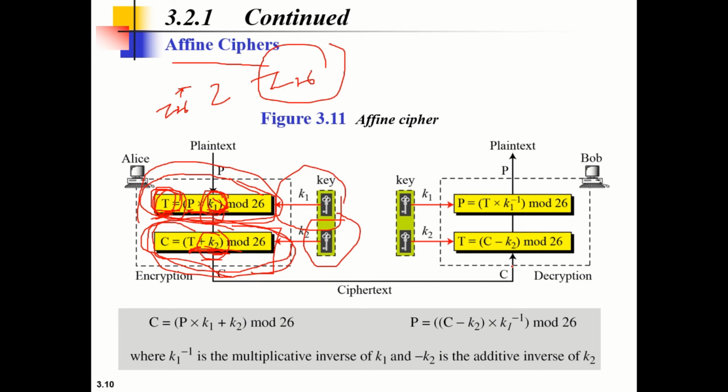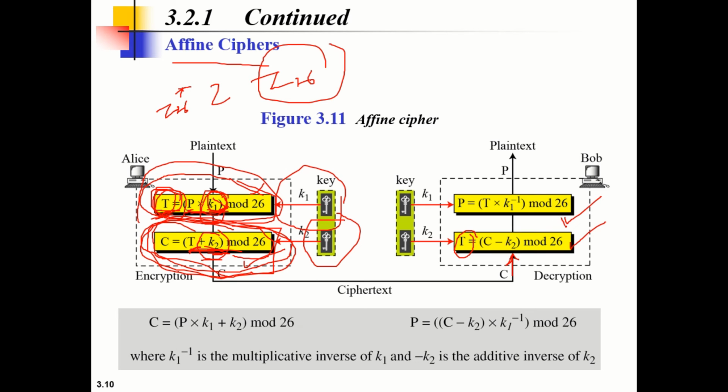At the decrypting end, the operation which we performed last, we will perform that operation first. Here, in encryption, we first applied the multiplicative cipher and then the additive one, so at the decrypting end we will apply the additive inverse first, and then apply the multiplicative inverse to this intermediate result.